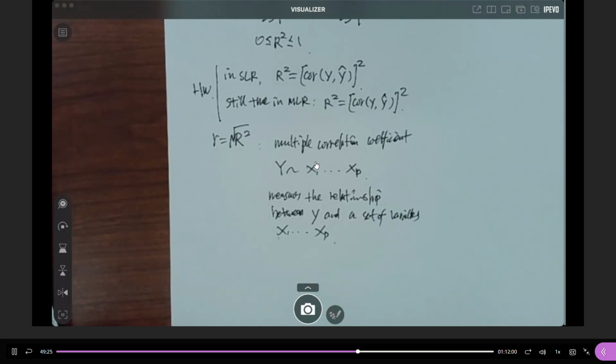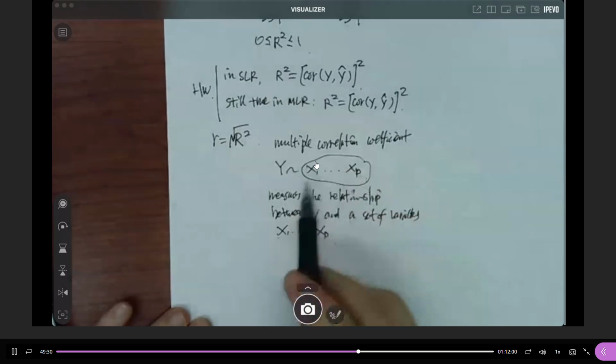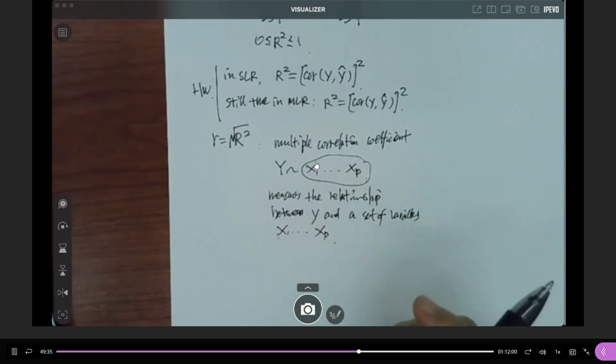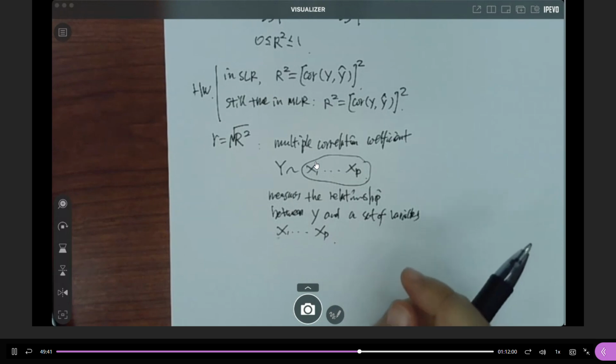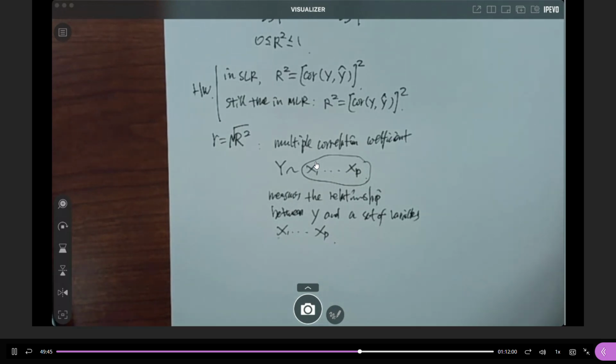So even though you get an R that is pretty close to 1, the interpretation is always between Y and the whole set of xp. You cannot use that to explain the linear relationship between Y and one particular x. So that's the interpretation, which is slightly different from simple linear regression.